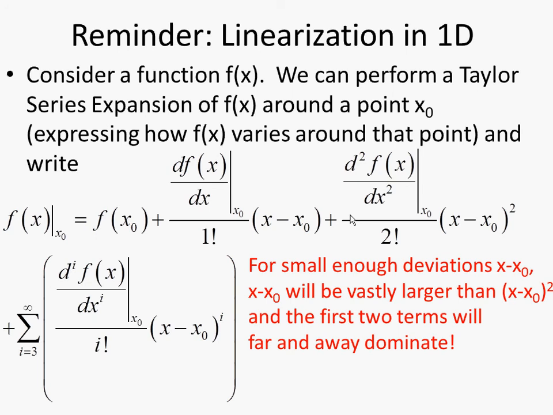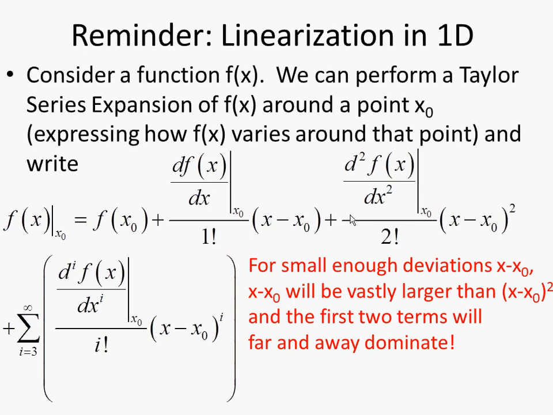So I'm saying around x sub 0, we can cut off these higher terms if we're looking right in the area of it, because x minus x sub 0 might be 0.001, and x minus x sub 0 squared is 0.00001, and so this is hugely larger than that. We can ignore that right around it. And here's our first derivative, and here's this term.